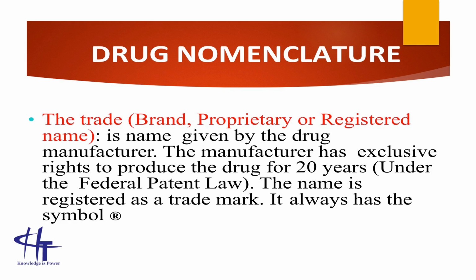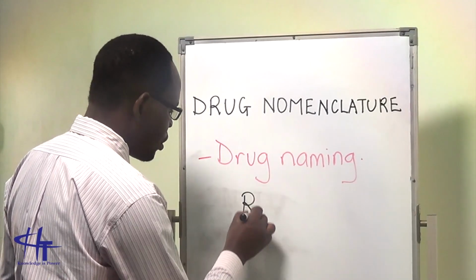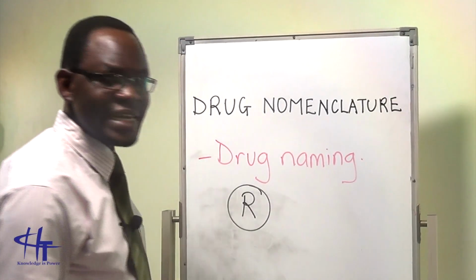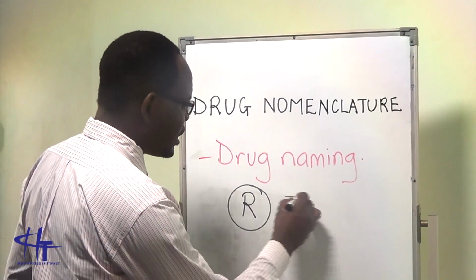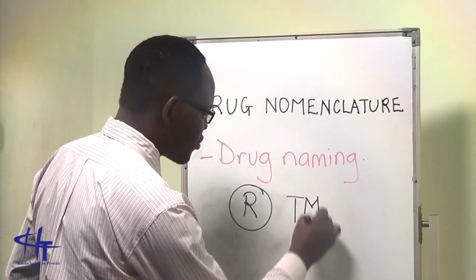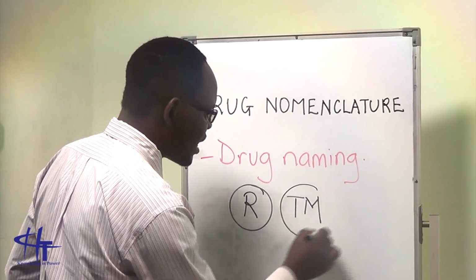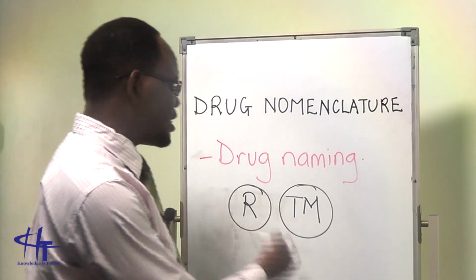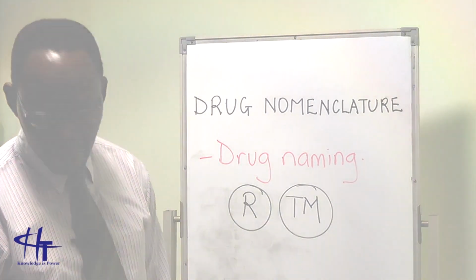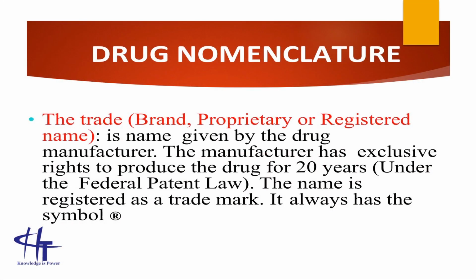And so it usually has a symbol R as a superscript on top of that name, or you'll find a symbol TM as a superscript on top of that name. R standing for registered name and TM standing for trademark. So that is what we refer to as the brand name, trade name, proprietary name, or even registered name.